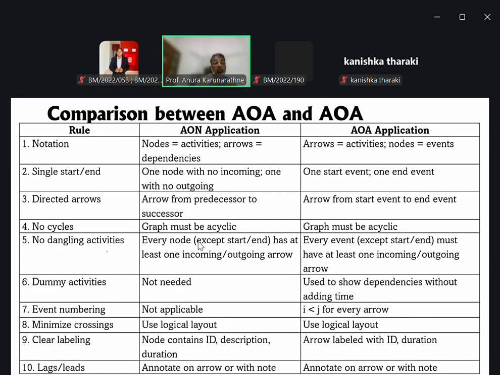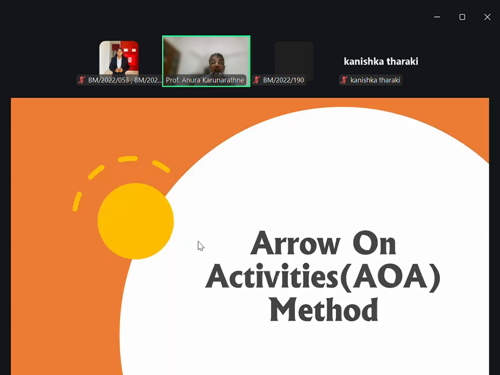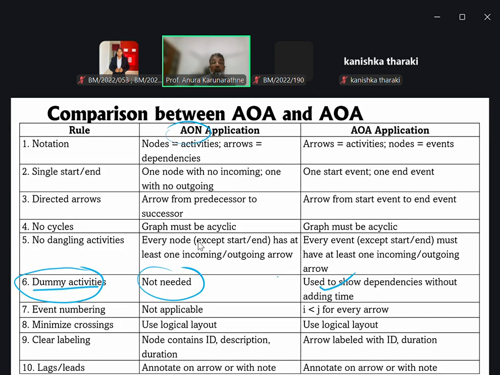Now, if I mention the previous one, dummy activity, it is not needed under the AON method, but under the AOA method, we have to use dummy activities, right? So likewise, there are a number of similarities and also differences. Now you can understand what the similarities and differences are by using this table, right?